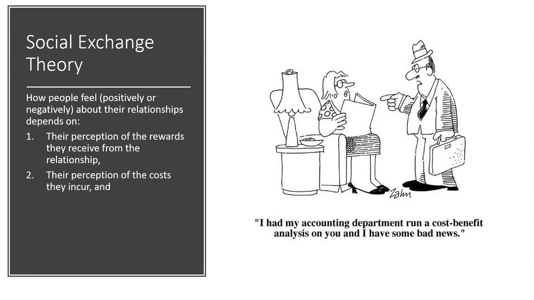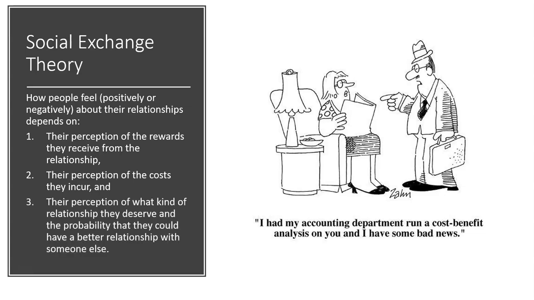And then there's the perceptions of costs. Is there dissatisfaction? Is there economic instability in the relationship? Whatever those costs are. Then there's the perception of what's the relationship they think they deserve.